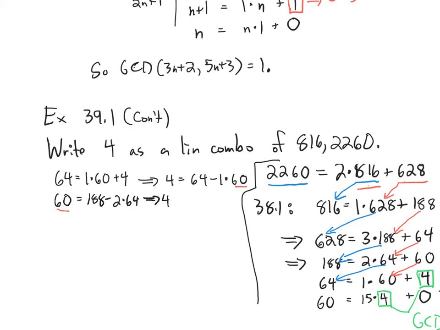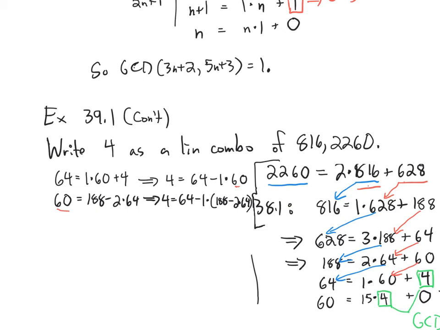So we get that 4 is 64 minus 1 times 188 minus, it's getting a little messy. Bear with me, sorry guys. Minus 2 times 64. I'll write the next line a little bit neater. Hopefully that's okay.